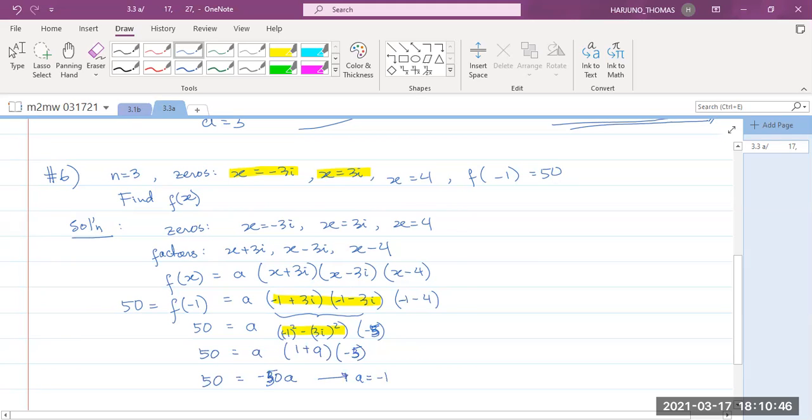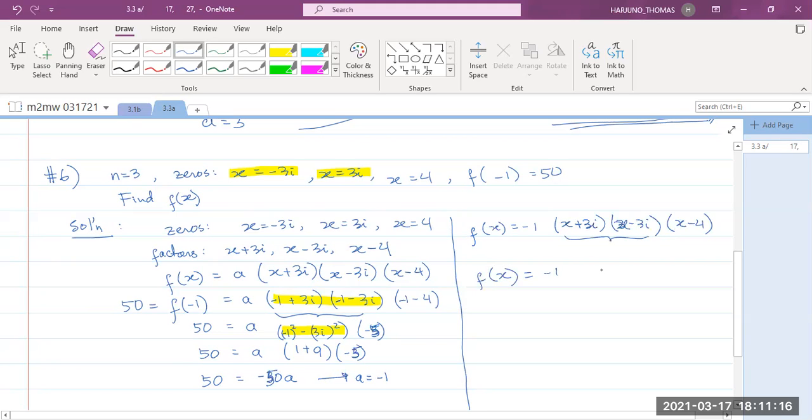Now the function f(x) equals negative 1 times (x plus 3i)(x minus 3i)(x minus 4). That's in factored form. But if I want to get the general form, then I will FOIL this. Let's FOIL this first.